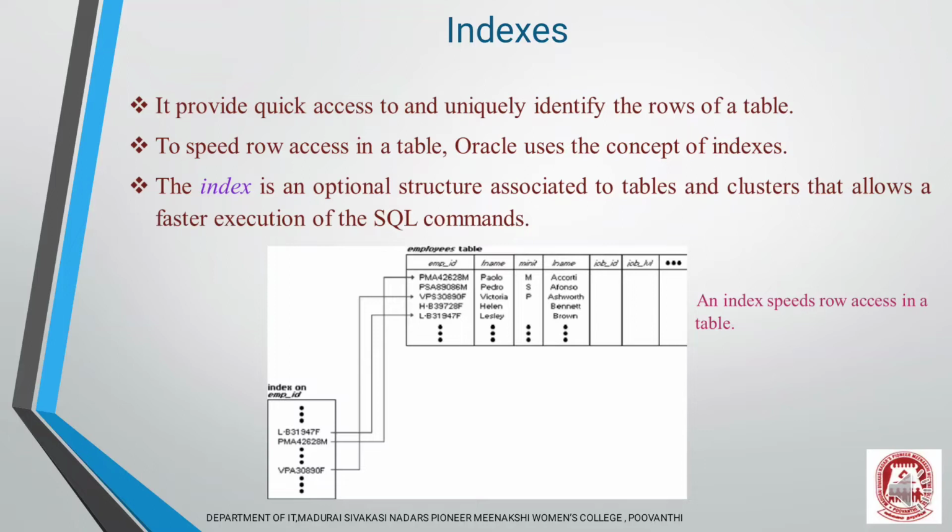So the ultimate aim of using an index is that the response time for searching a row or record will be reduced. So it provides quick access and unique identification of a row in a table. Also, indexes are used to speed up row access in a table.